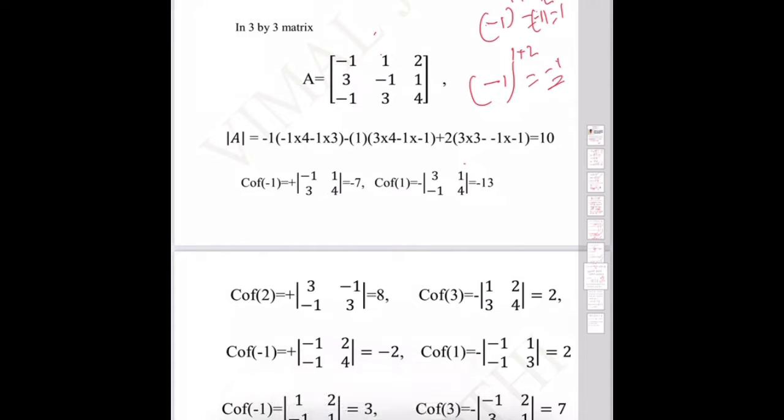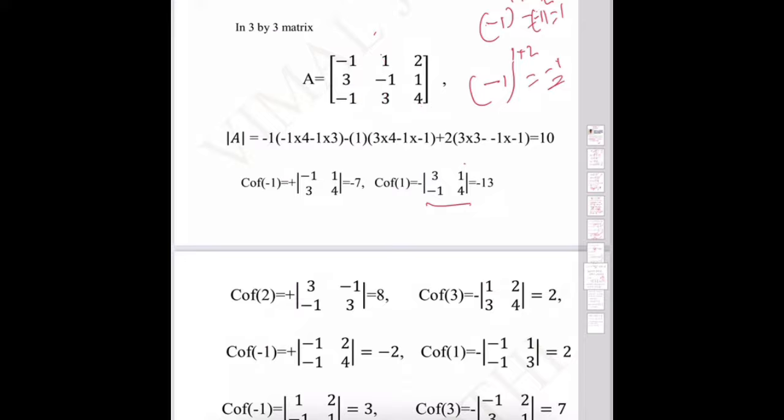Cofactor of this 1 is equal to, the sign is minus 1. Then delete this row and this column. Then 3, 1, minus 1, 4. Determinant of that is equal to minus 13.